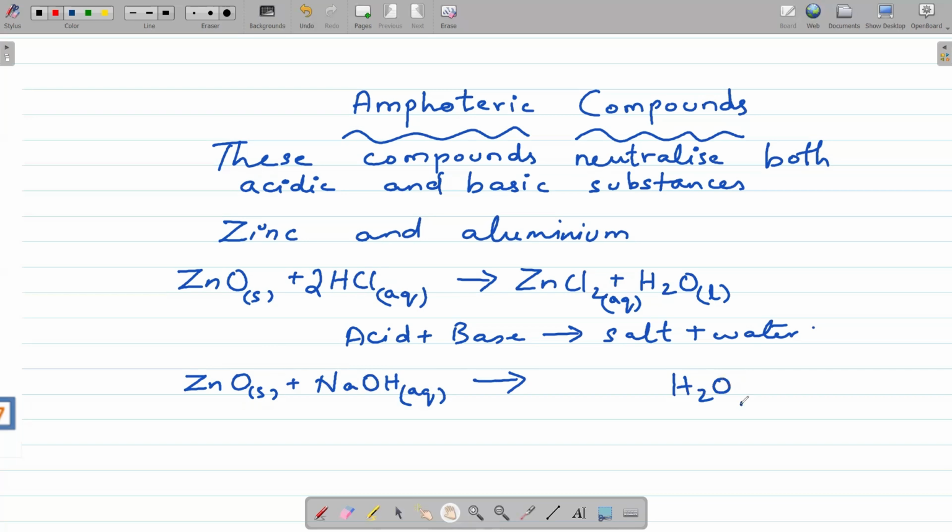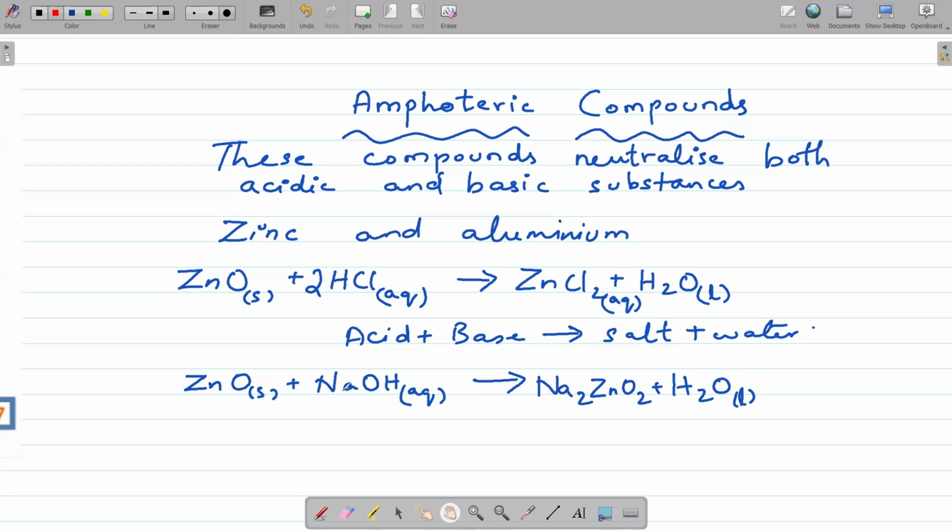Let's take out water first. So what is remaining? In this case, it is sodium zincate, which is Na2ZnO2. Make sure to balance it. So Zn is 1, Zn is 1, oxygen is 1, oxygen is 1. Here oxygen is 2, and here there are 3 atoms of oxygen.